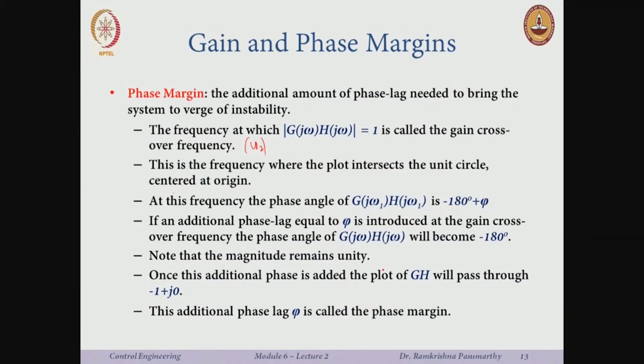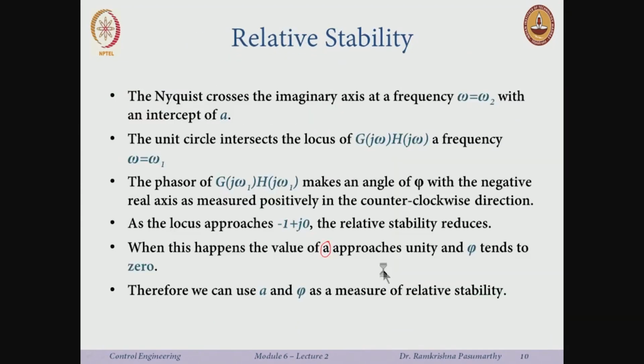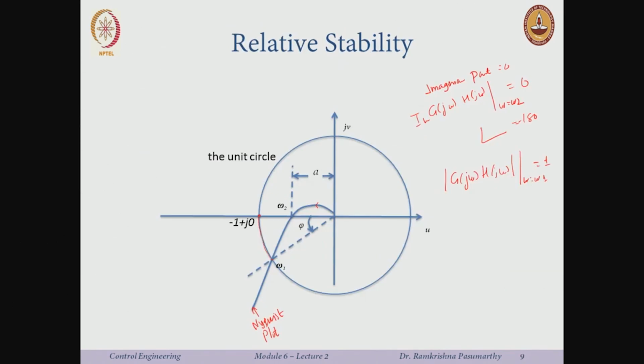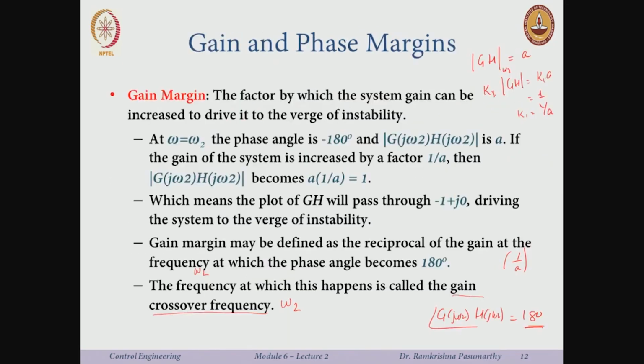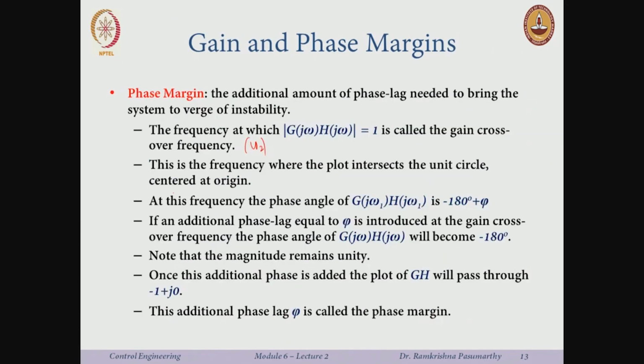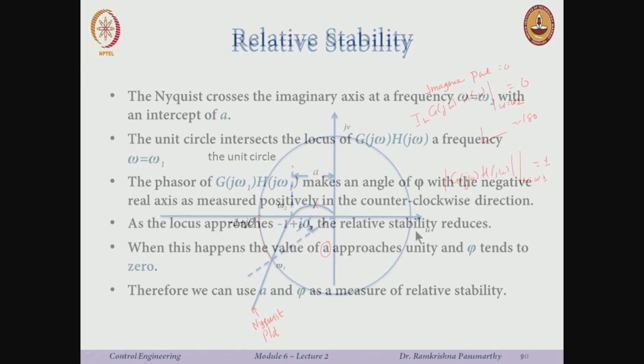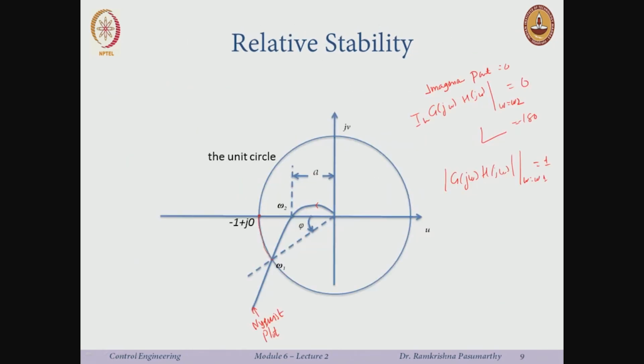And at this frequency, what is the phase angle? At this frequency, the phase angle, if you just measure, is 180 or even -1, either way, right? 180 and this phi. Now, if an additional phase lag of phi is introduced in the system, if I just push it a little up with an angle phi, the phase becomes -180.